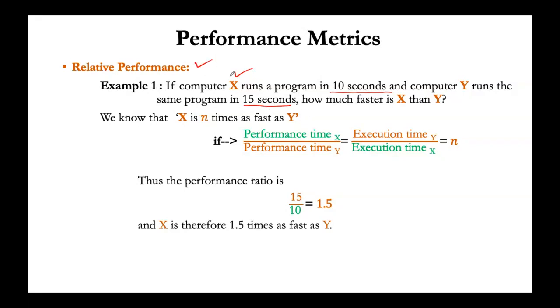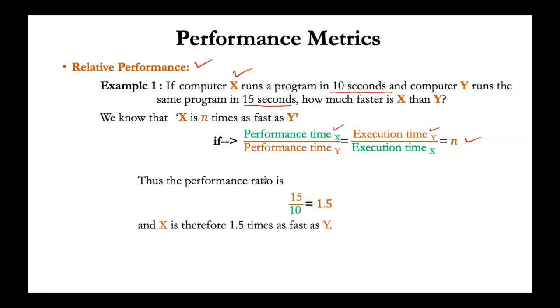That means you find the relative performance of X and Y. We know that X is n times as fast as Y. So the performance of X divided by the performance of Y, which in terms of execution time is the execution time of Y divided by the execution time of X, gives the relative performance.